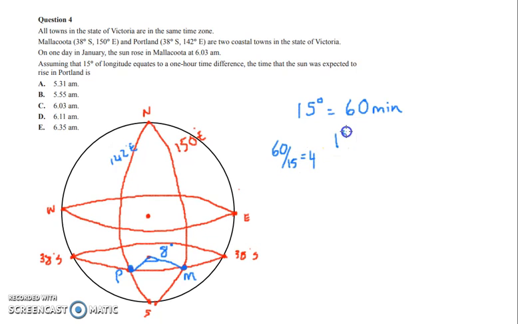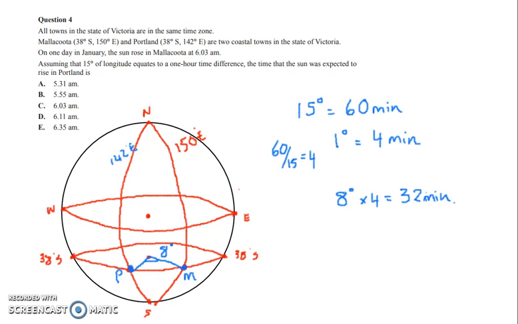So for every 1 degree, it takes 4 minutes. So if it's 8 degrees, and per degree it takes 4 minutes, 8 times 4 is 32 minutes time difference between the two places. This is where the common misconception does arise in this question.